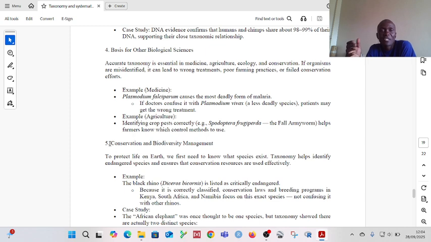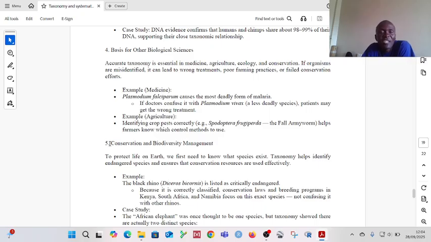If you looked at a rhino and said this is not a white rhino, it would bring problems in conservation, because you have given taxonomy but wrongly. You have grouped an organism but in the wrong way. Okay? So if you identify a disease-causing microorganism accurately, then the treatment will be correct.